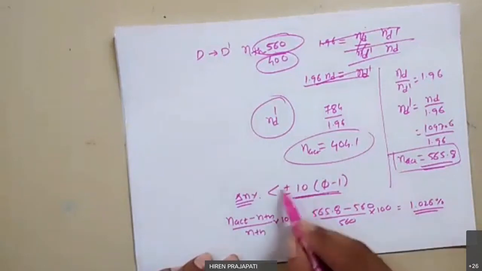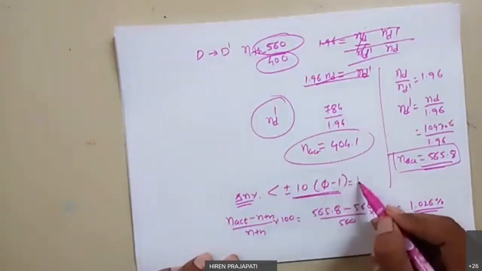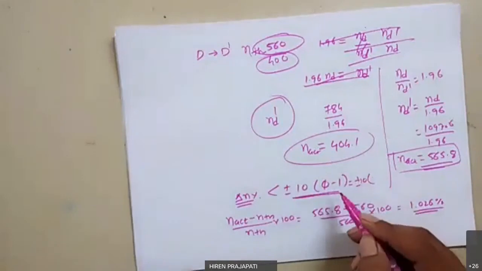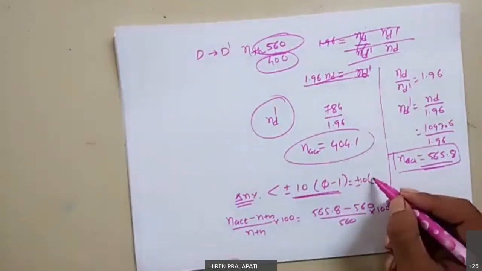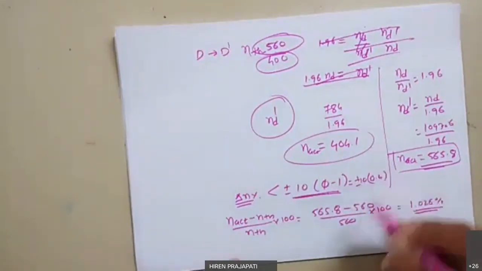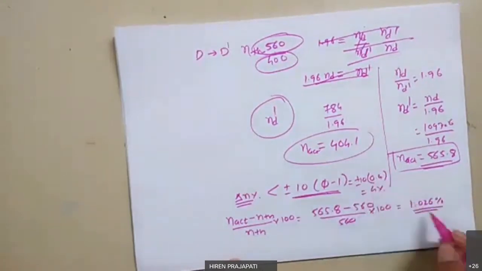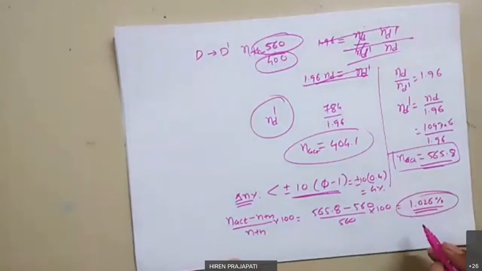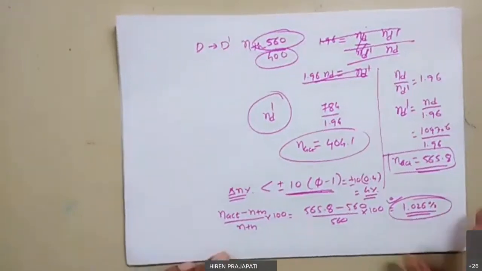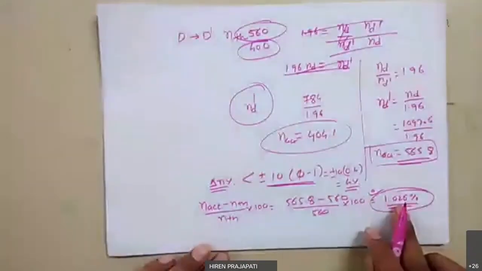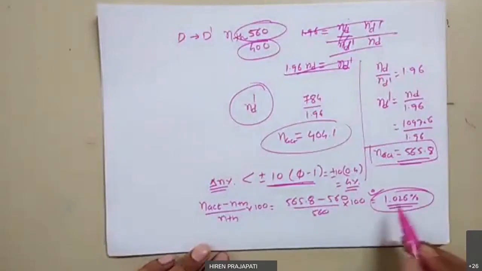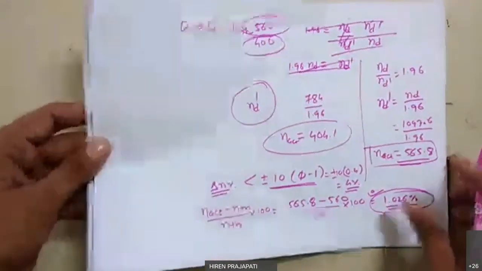This is the condition: this value should be less than this. Let us see how much we are getting here, plus or minus 10 times (phi minus 1). Phi is 1.4, 1.4 minus 1 gives 0.4. So if you solve, you get 4%. So this variation is within 4%, so that's why we can accept it. Otherwise, if this variation is not within the limit, meaning we are getting more than 4%, then we need to continue this process.